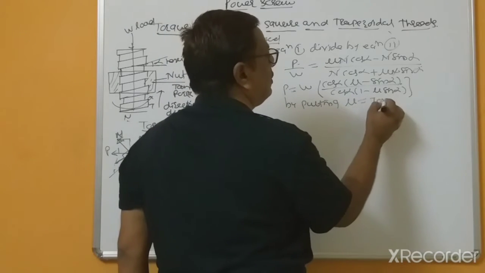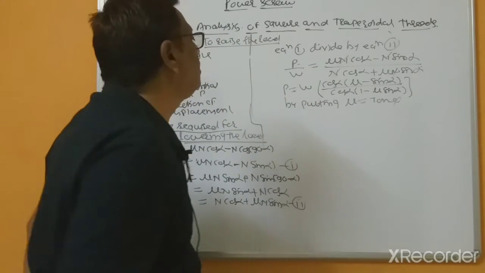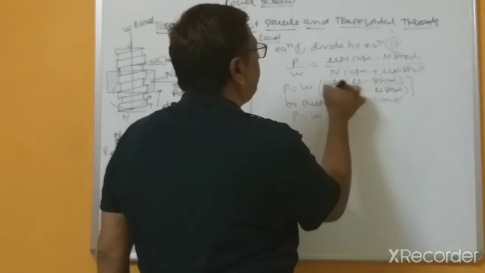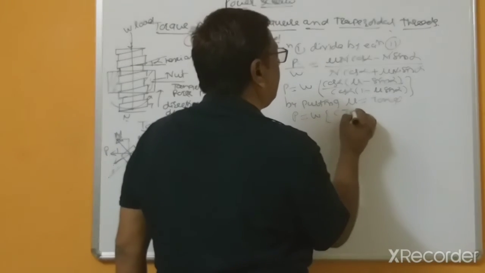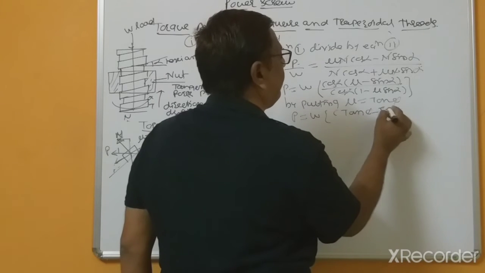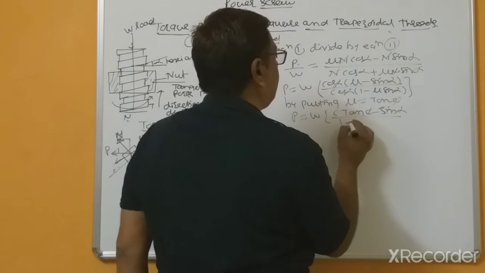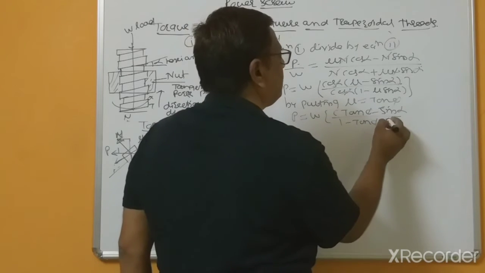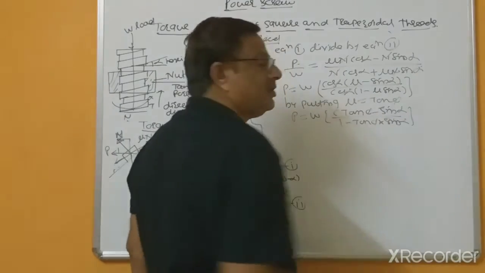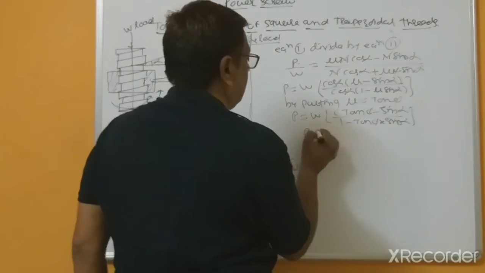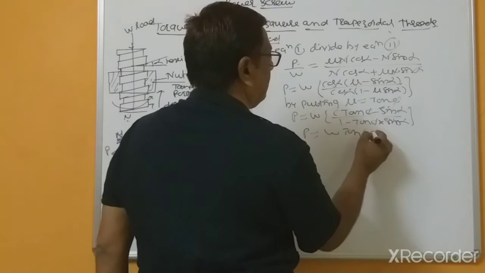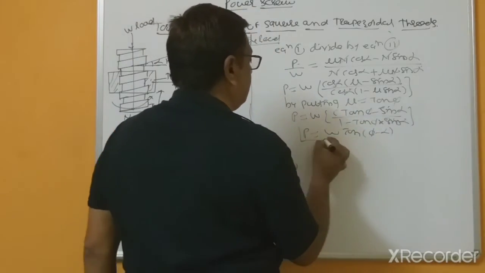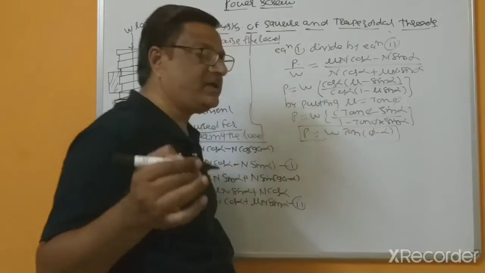Now by putting mu equal to tan phi, this is the coefficient of friction. So that's why P equal to W cos alpha, this will get cancelled, and this is tan phi minus sin alpha divided by 1 minus tan phi multiplied by sin alpha. So this is the formula: P equal to W tan (phi minus alpha), so this much is the load required.